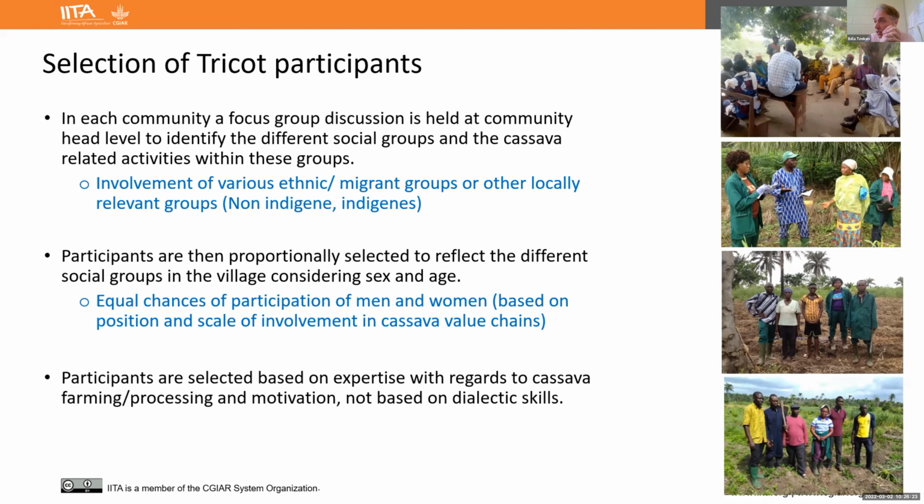And then participants are selected based on the expertise. So you're not going to recruit somebody who has been doing cassava for 1 year. You check the expertise, and we ask certain questions to know if people are really involved in cassava work.